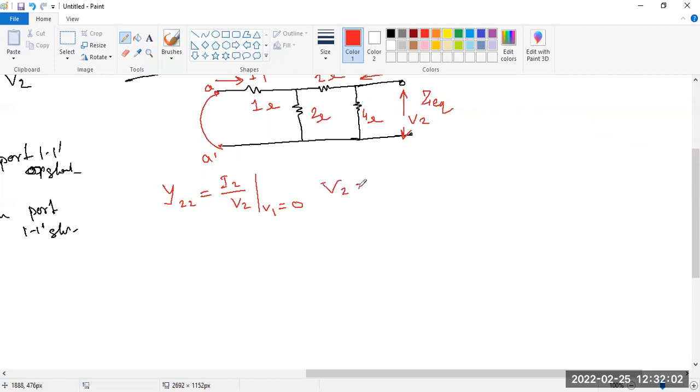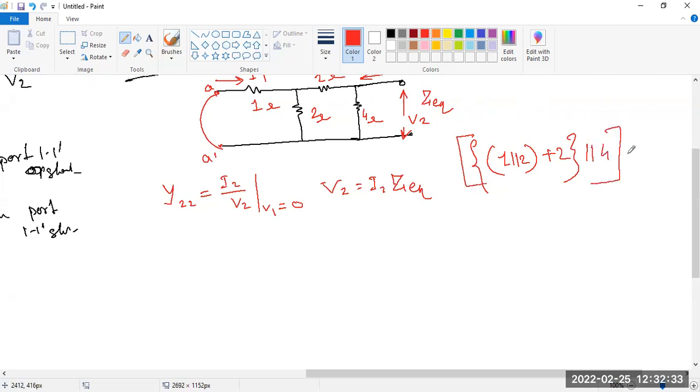Okay, and V2 is I2 into Z equivalent. This Z equivalent impedance is whenever we are looking from this side. So we can see 1 and 2 is parallel, then again series, again parallel with this 4. So this is 1 parallel with 2, then it is series with this, then whatever it will be coming, it will be parallel with 4.